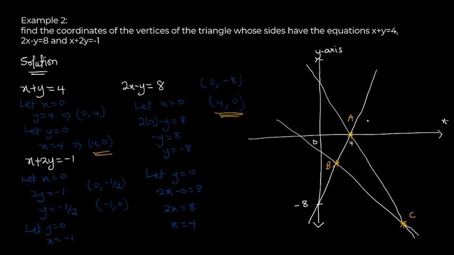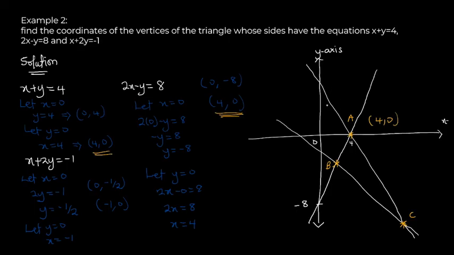So one of the vertices is (4, 0), and we already obtained that by solving the equations x plus y is equal to 4 and 2x minus y is equal to 8. Now all that is left is for us to find the vertex B and vertex C. We can find vertex B by solving the equations of the two lines over here, and we can find vertex C by solving the equations of the line over here and the one over here.